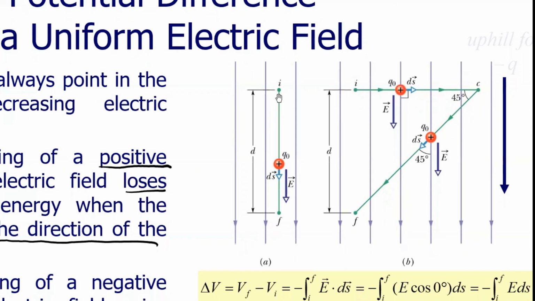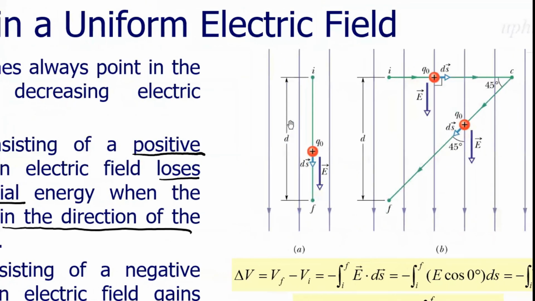That is similar to taking something from the ground and lifting it against the gravitational field. Is it gaining or losing potential energy? It's gaining. So this is the analogy that we are trying to draw. I get the point.